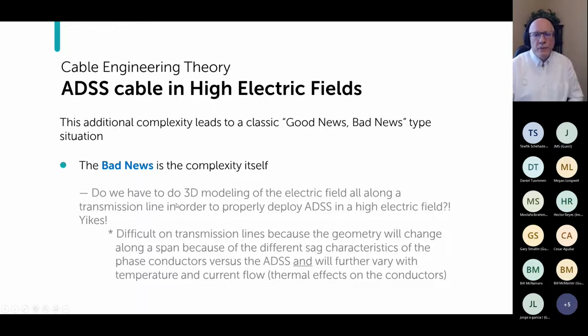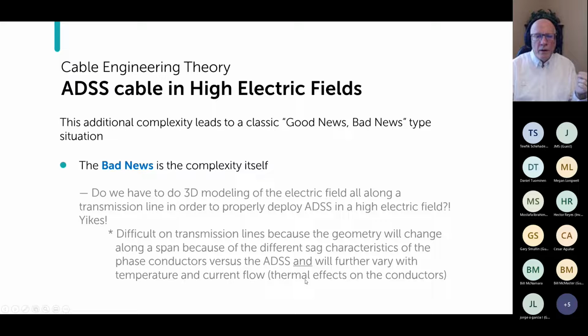And that would be further complicated by the fact that on transmission lines, the geometry changes along a span, because the conductors have sag, the ADSS has sag too, and they don't sag in sync with one another. The sag properties of the conductors are very different from the sag properties of the ADSS cable because they're made with materials with quite different properties.